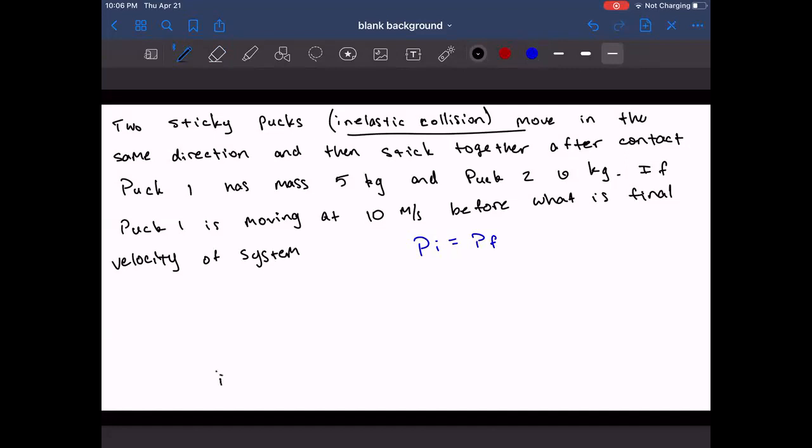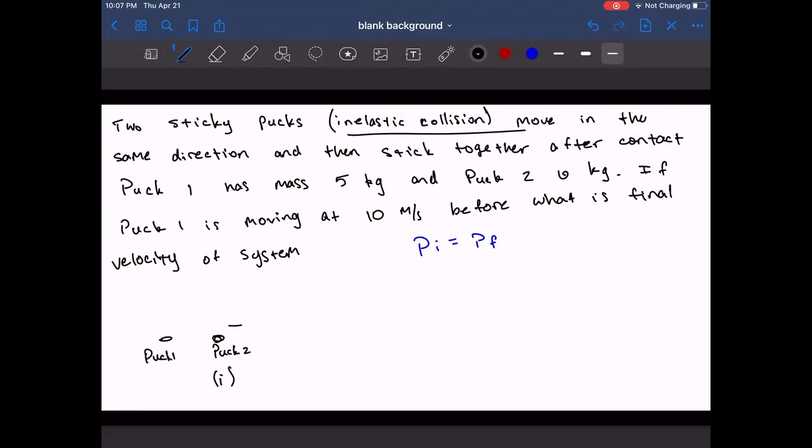Let's draw the situation. Initially, we got a puck. We got another one. Oh, yeah, sorry, this one is stationary. Puck 1 is moving. All right, so puck 2 is not moving.